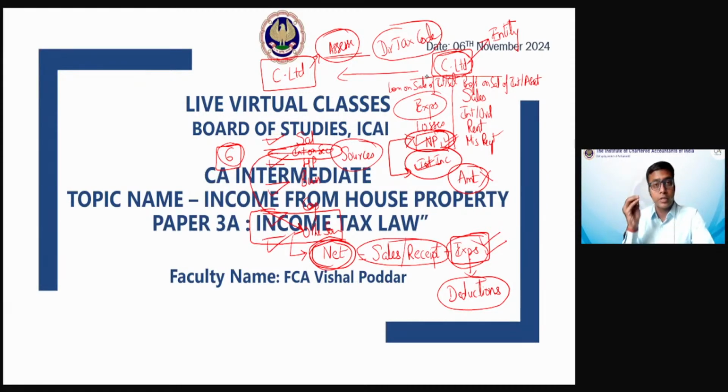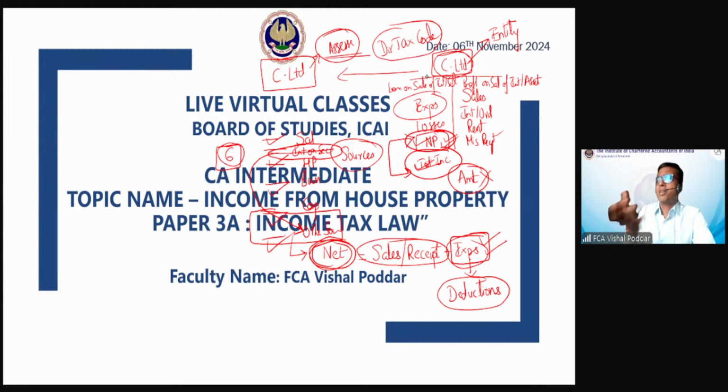Because as we just discussed, each head has a different provision. Each head has a different format. They have different rules, what will be deducted, what will not be deducted, etc. So the question is, how will we be able to distribute or divide what income will fall under which head?